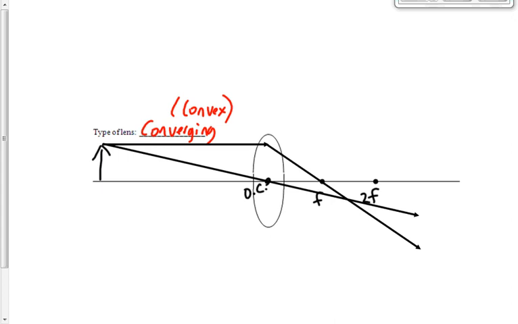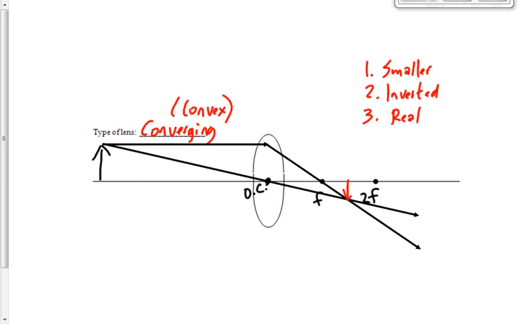So when you put an object a large distance away from a convex or converging lens, you're going to get an image formed on the right-hand side as a result of two solid lines, an image that is smaller, an image that is inverted, and an image that is real.